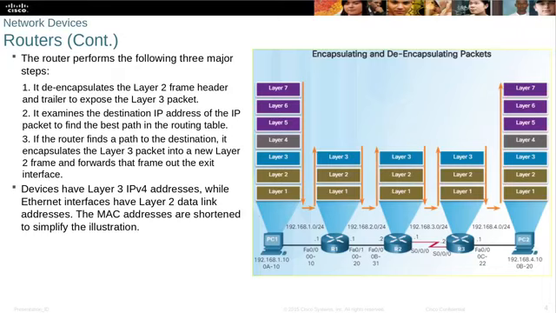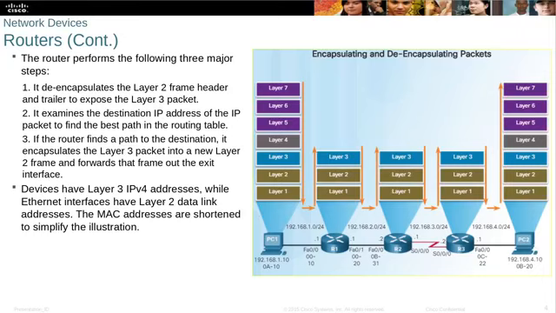It then examines the destination IP address in the IP packet header in order to find the best path in the routing table. If the router finds a path to that destination, it will then encapsulate the layer 3 packet into a new layer 2 frame and forward that frame out of the exit interface.